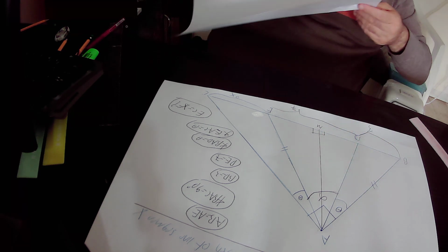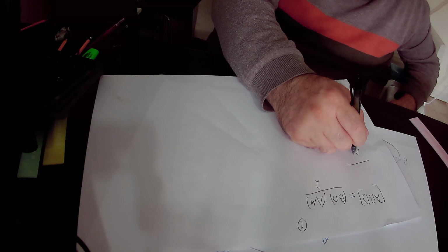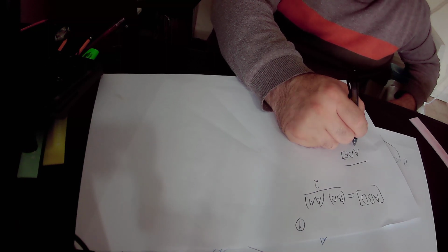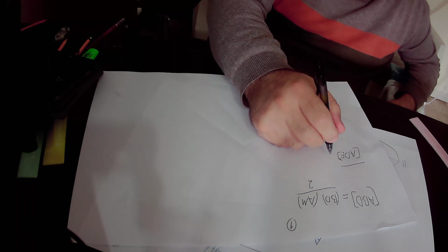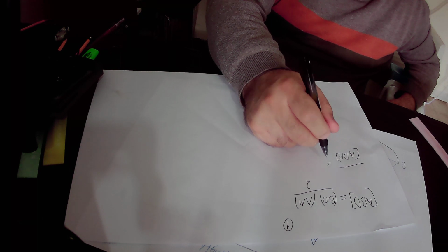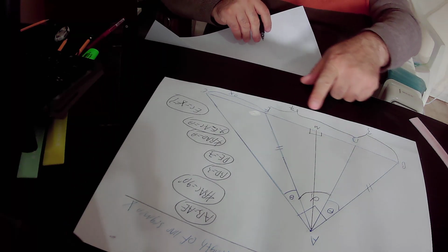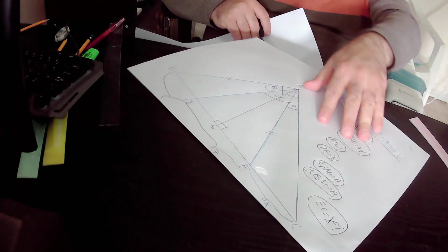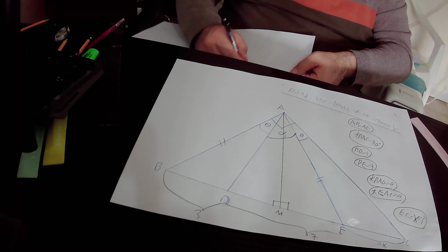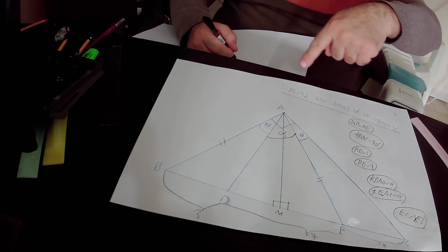What is the area of triangle ADE? The area of triangle ADE will be equal to the base DE times the height to the base.